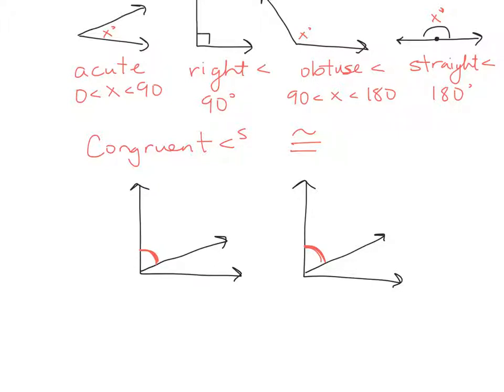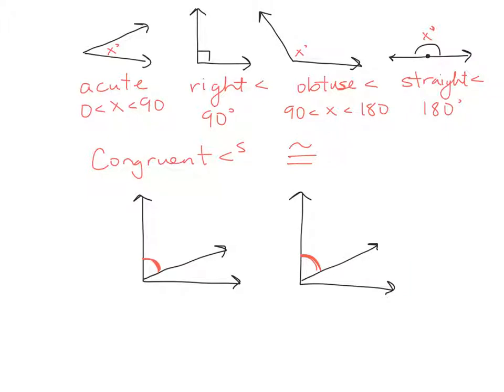Just like we did with our hash marks. When there's multiple angles that are congruent, we added another hash mark, right? We're going to add another arc to this. Okay, so 2 arcs, those are congruent. The 1 arcs, those are congruent. Okay, that's how you mark that they are congruent angles.